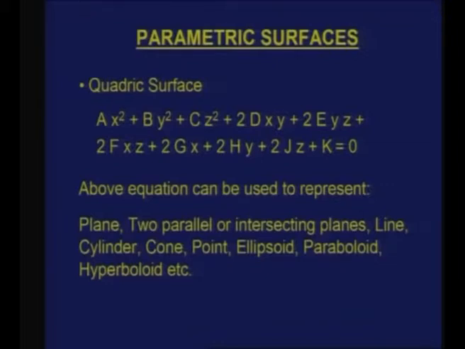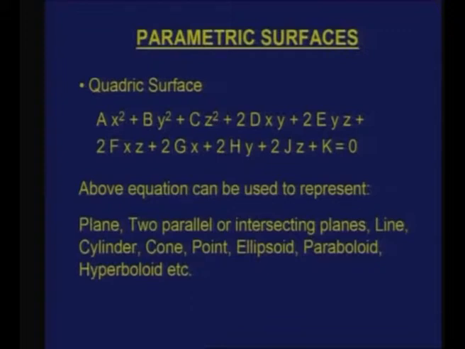Now, this type of equation is an extension of having only a linear equation. Okay. If I look at, for example, only x, y, z and constant term, it represents a simple plane equation. If I extend it to one more higher degree, then this is called a quadric surface. In fact, it represents a family of surfaces.